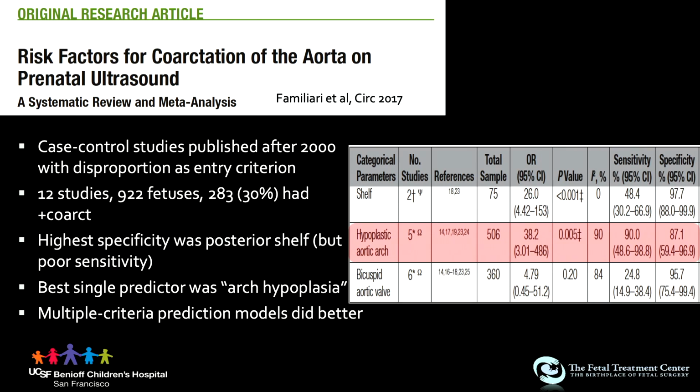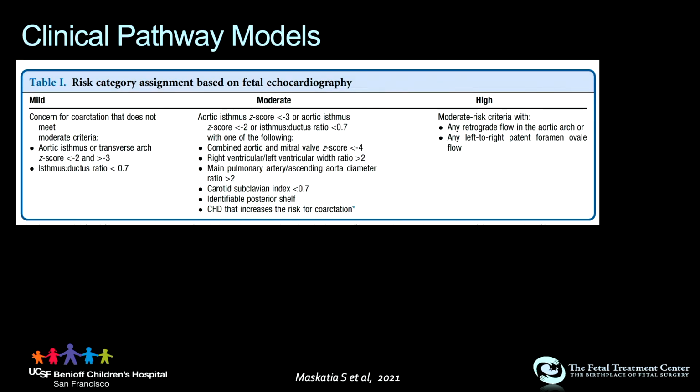So I think we were still left with the issue that we obviously don't want to miss this, so we're still left with the issue of false positives. One of the things the group at Stanford has done is this concept of clinical pathway models, which I think is a really good approach to this disease. They used a lot of these different papers that assessed size of the AV valve, size of the semilunar valve, and size of the transverse aorta, to make an assessment of whether they think that fetus is at mild risk, moderate risk, or high risk for a coarctation.